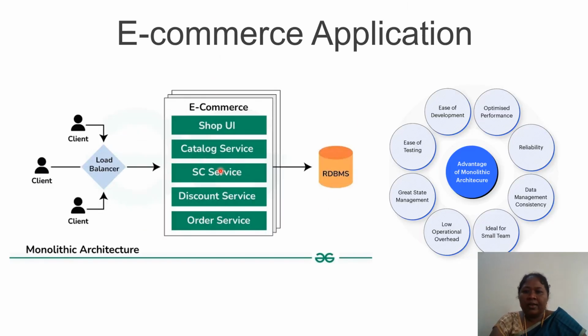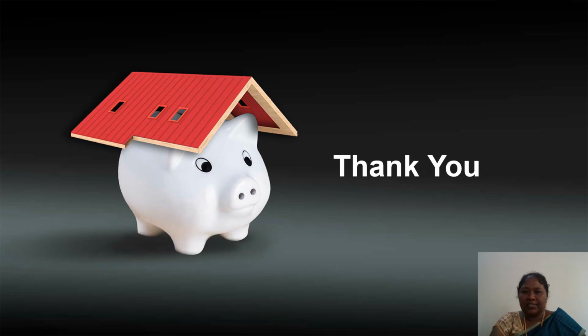So here there are advantages and disadvantages. In an e-commerce application, when you consider the advantages, okay, all these are there, but there is a problem in tracking and satisfying customers in a faster, efficient way. This monolithic architecture never works.